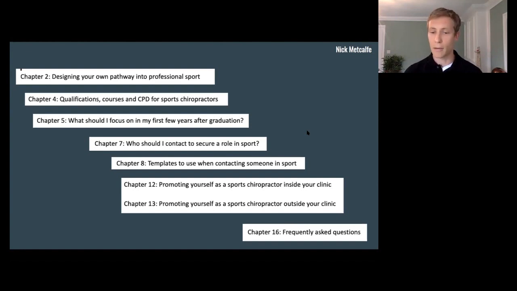And if you're a chiropractor out there listening who is passionate about sport, there really is a role for chiropractors in professional sport. We just need to know how to play the game, and we need to know how to get there, and how to have the skills and the experience and the know-how to get to these positions.